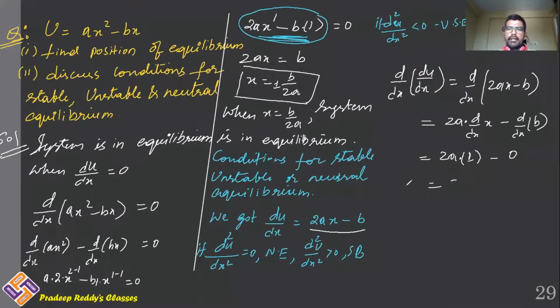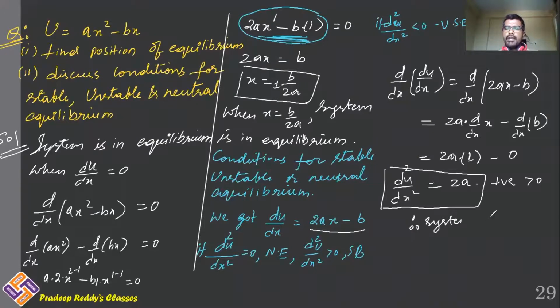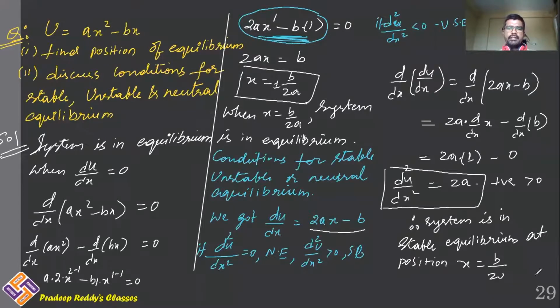This is equal to 2a. So d square u by dx square, we have got it as 2a, which is positive, and that is greater than 0. Therefore, system is in stable equilibrium at position x is equal to b by 2a, right? So when position x is equal to b by 2a, the system is in stable equilibrium. That is verified.